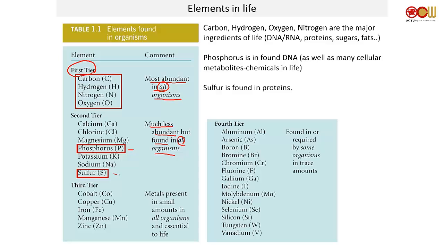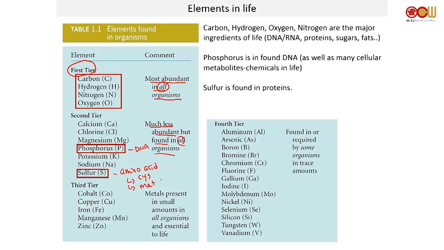Phosphorus is found in DNA, okay? Nucleic acids. DNA, RNA, you got that 5' phosphate, okay? So this guy is in DNA, okay? Sulfur, amino acids, right? So this guy is in amino acids. In particular, 2 amino acids called cysteine and methionine. Okay, we'll talk about those when we get there.